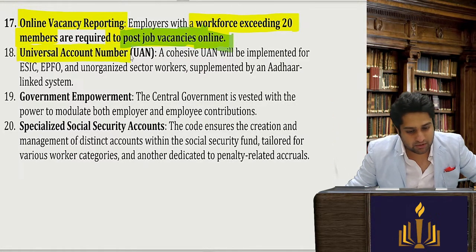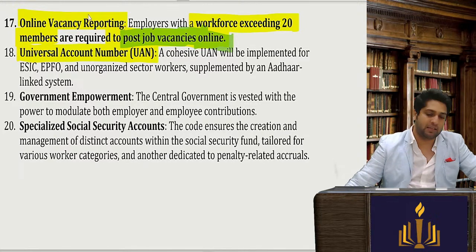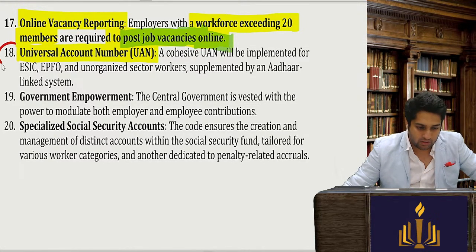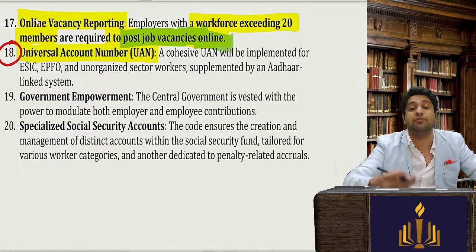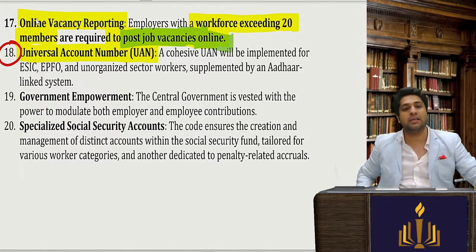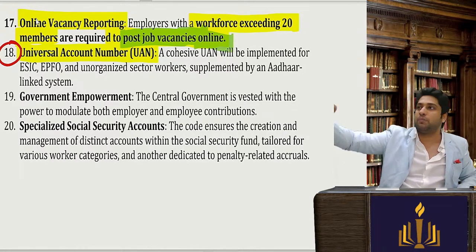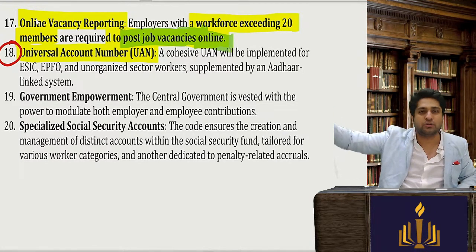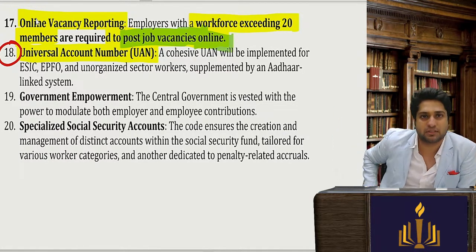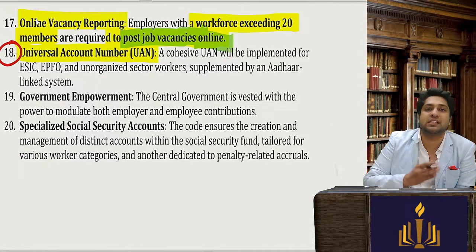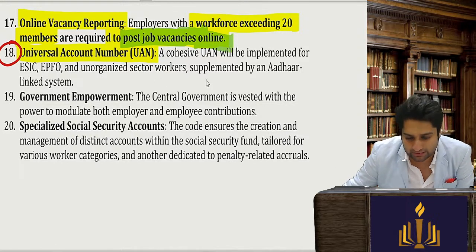Then universal account number. This is also very, very important and a very, very big relief to everyone. Earlier, everyone required separate registrations for ESI, for Provident Fund, different numbers. Now they said that a universal account number will be there, in which your insurance and PF will be given, but you need to have your Aadhaar card.